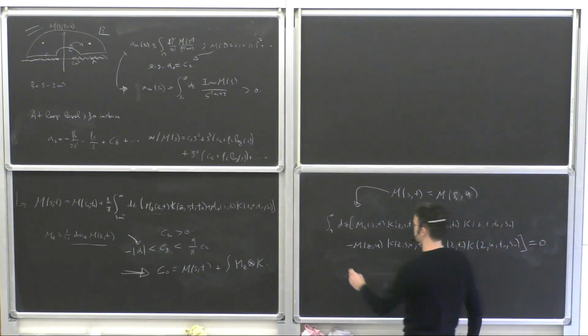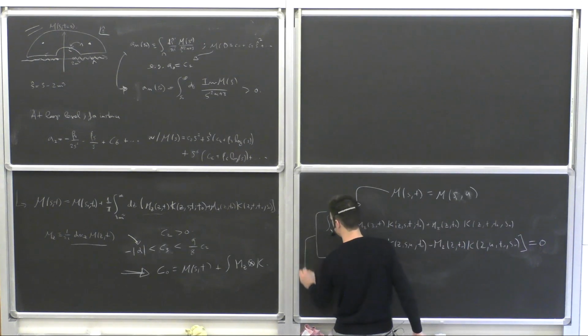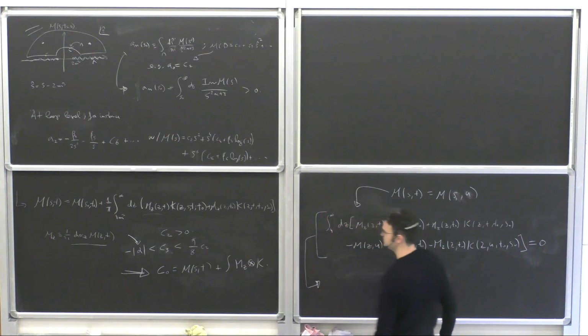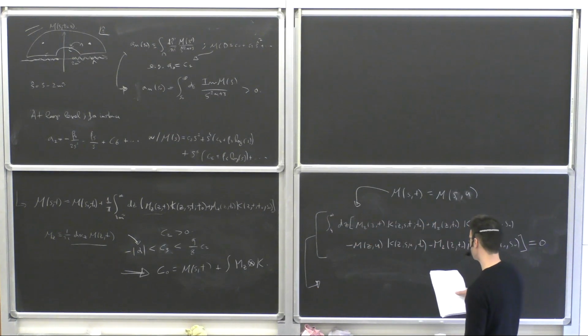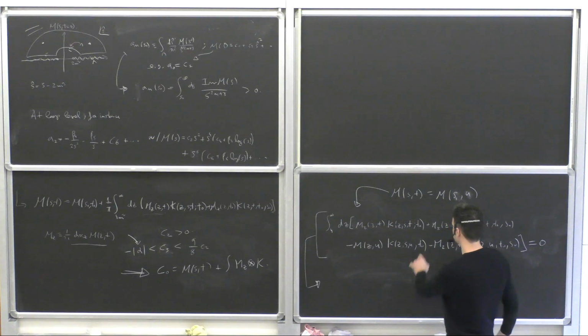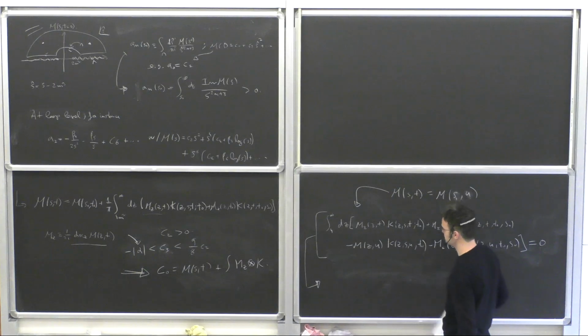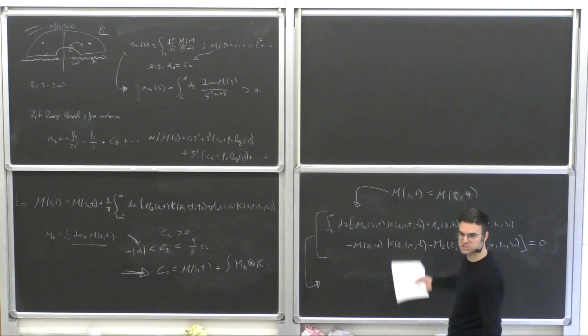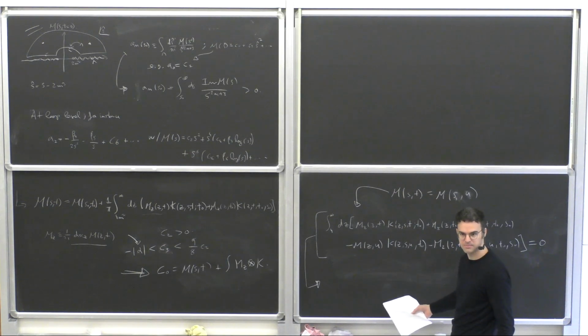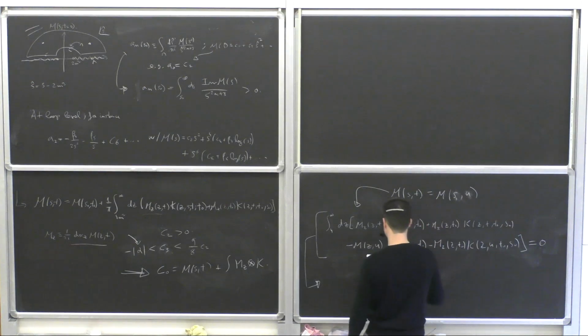And now comes the second step. Here we only plugged in the dispersion relation. The next step is we decompose all of this into partial waves. What do we get?